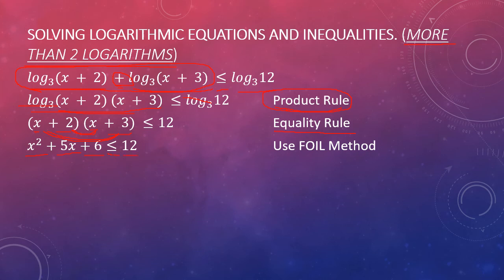And then, gagawin natin, we will subtract 12 from both sides. So, mag-subtract lang tayo ng 12 to both sides para ang goal natin, this side becomes 0.